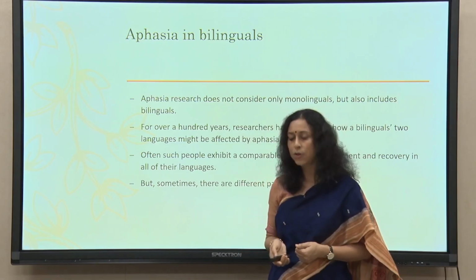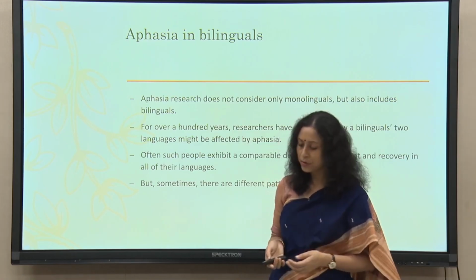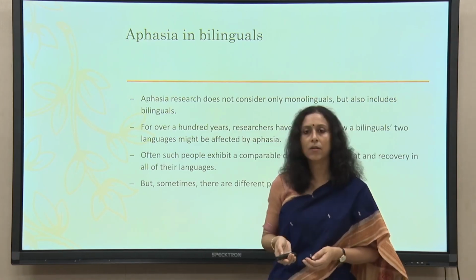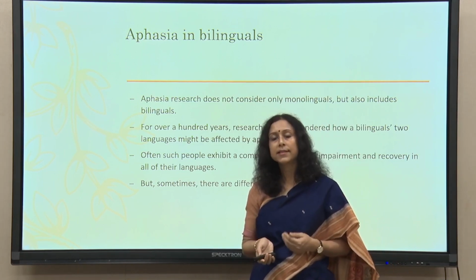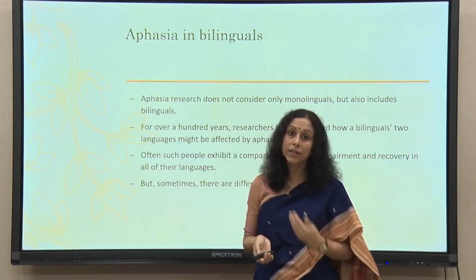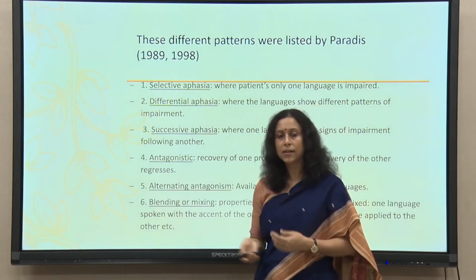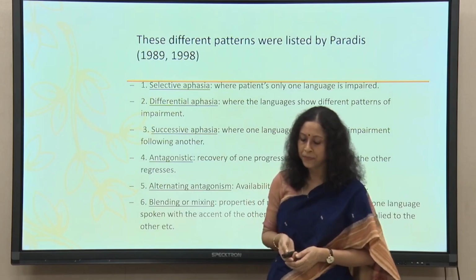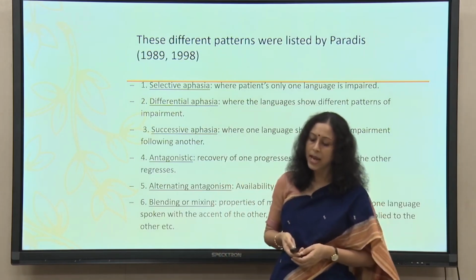However, we know that there are a lot of findings that show a comparable degree of impairment in both languages. However, since there are also cases that have been reported where the two languages are not affected similarly, we will look at the different patterns that emerge from that kind of empirical evidence.